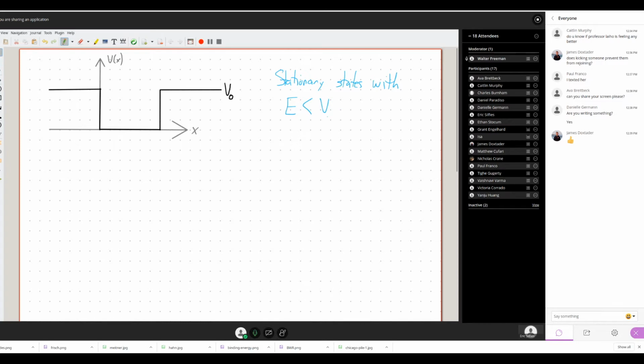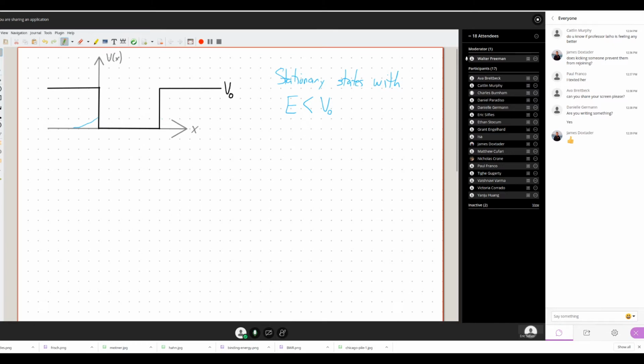Those states will be oscillatory in the middle, but decaying exponentials on the outside. We talked about this last time. So this may look something like that.